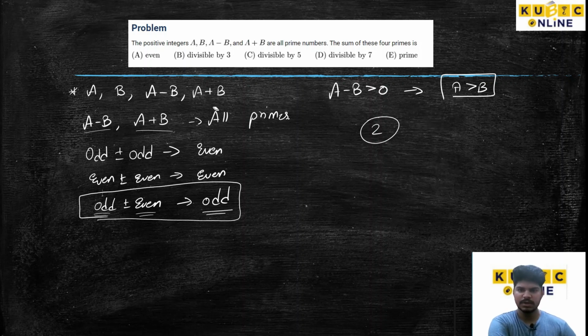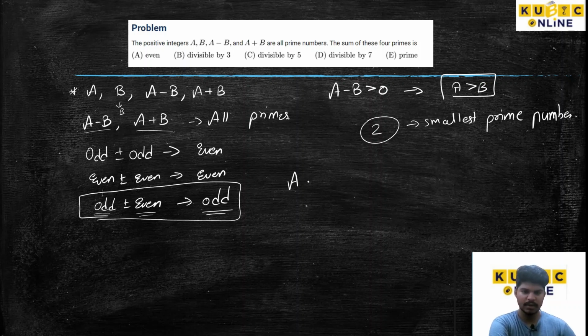Okay, so which is smaller? 2 is the smallest prime number. So now if we want to give 2 to a or b, which one can we give it to? Yes, we can give it to b. So b is 2.